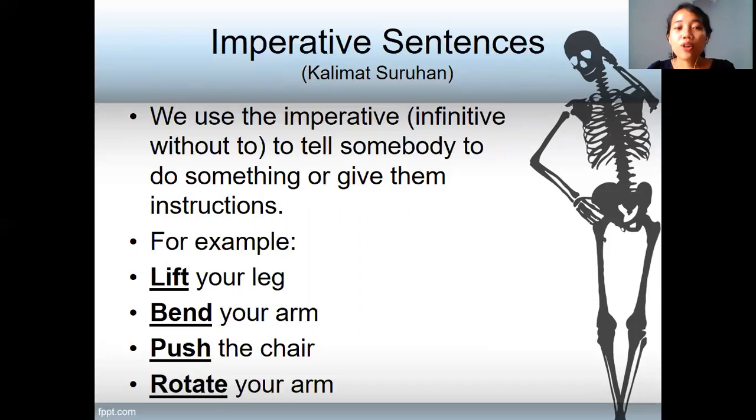So those words are very important to do range of motion. To make the sentence, you start with the verb, or verb pertama, and then followed by the name of your body part.